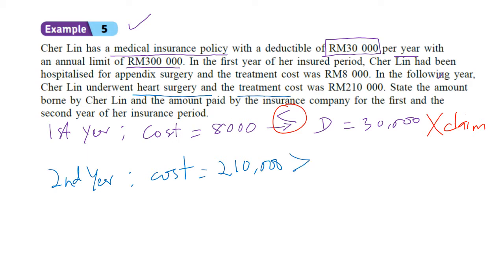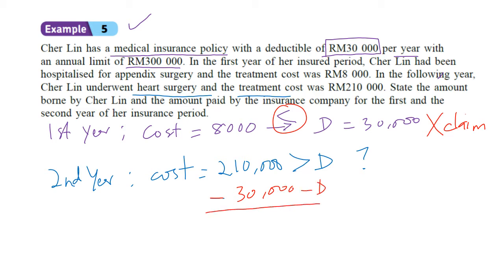So how much will the company pay? You have to minus the deductible first, 30,000.